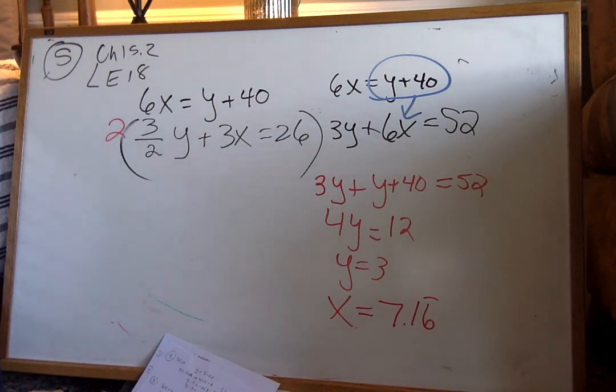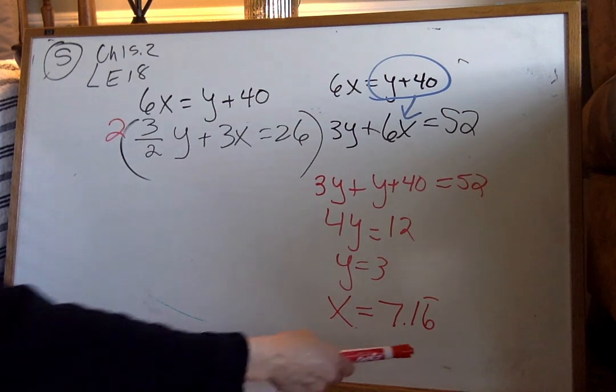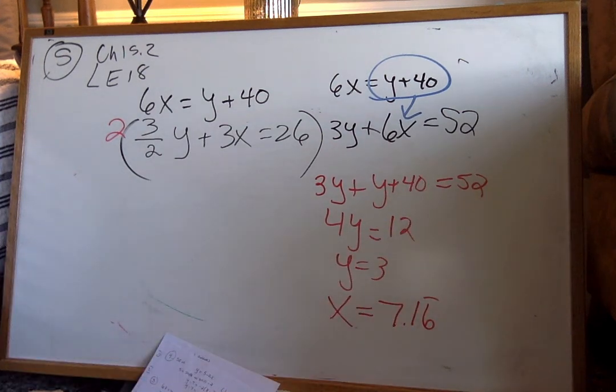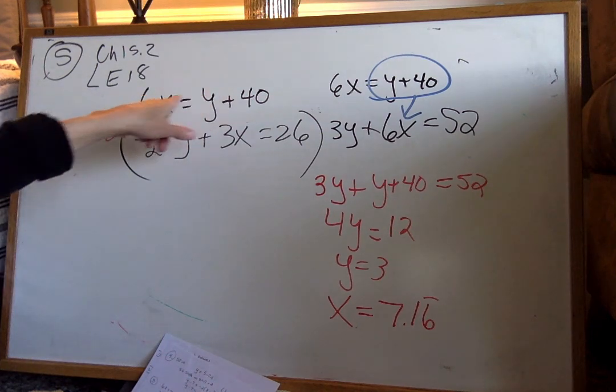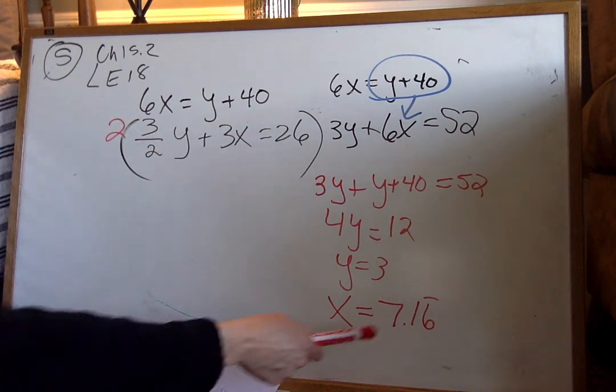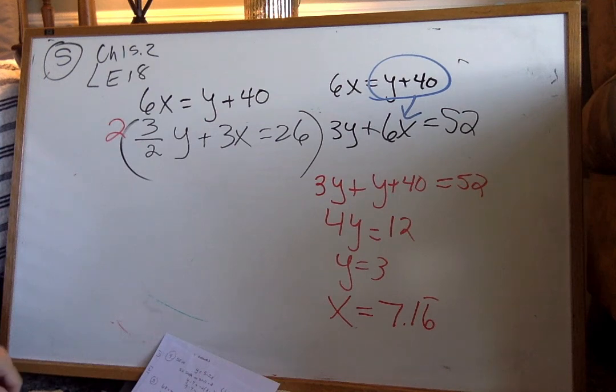Even though the y was such a nice 3, once you put it back in, you're going to realize the x is a repeating decimal, 7.16 repeating. That's kind of awkward because you had 43 divided by 6. I wasn't expecting that, but that is the correct answer.